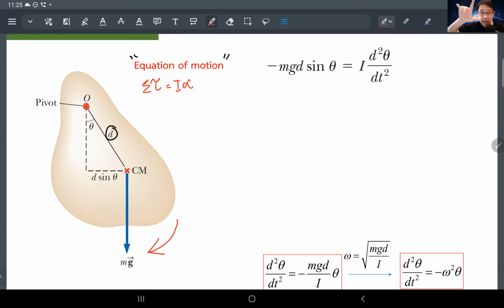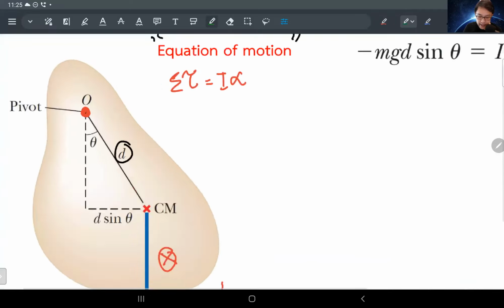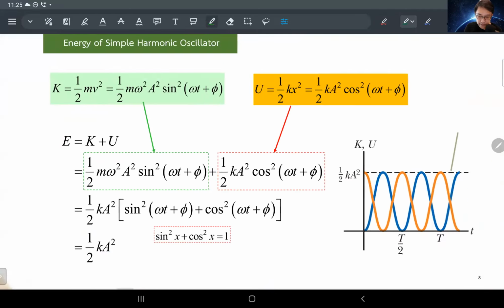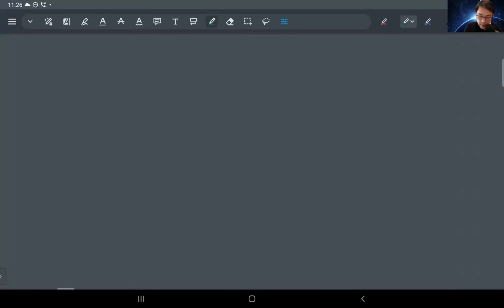Use your right hand, forefinger wrapped around this, your thumb will point into the screen. So that means this mg will generate a torque pointing into the page. So let me call this torque into the page. I use the cross symbol. Okay, make sense? Now, at this particular point, if you look at the theta here, the theta is the measurement with respect to, what is going on?